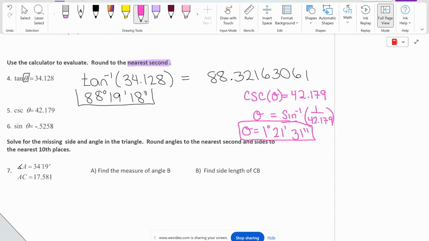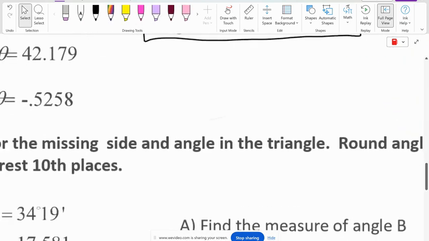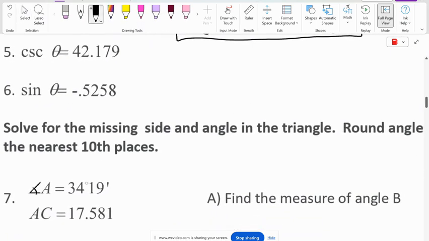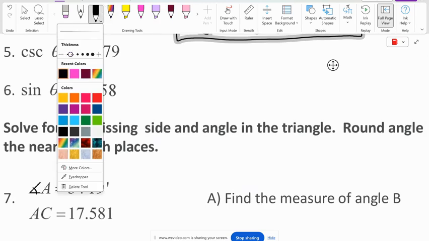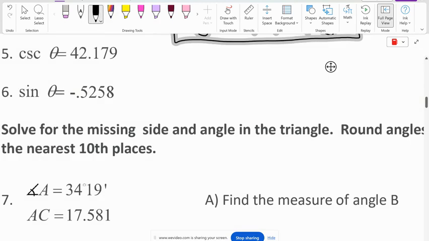Okay, so what should you guys have done here? For number 6, again, we're solving for theta. So we're going to say sine to the negative first power, the inverse of sine of negative 0.5258.